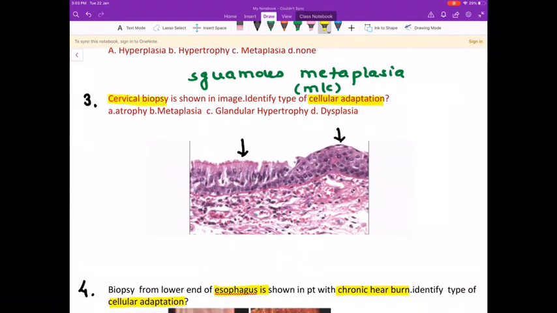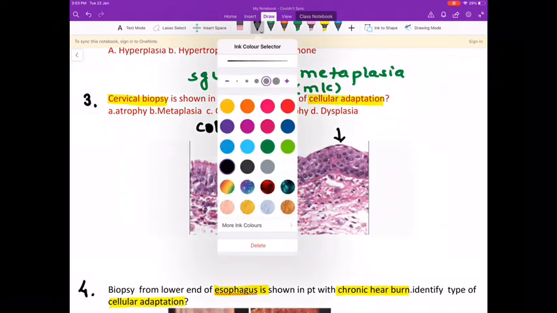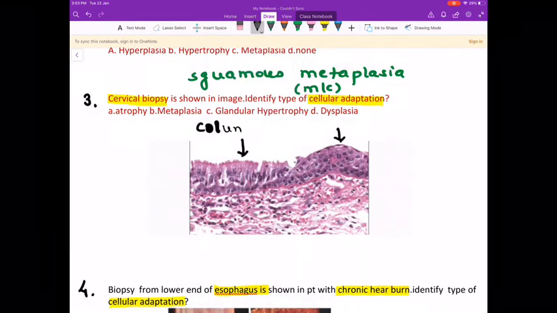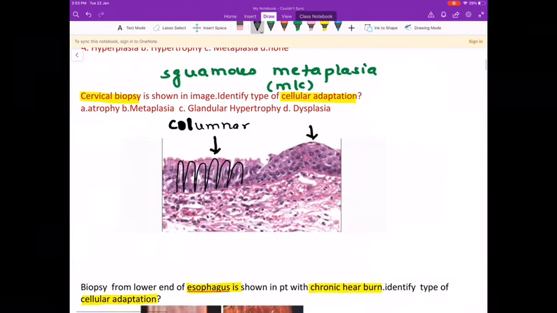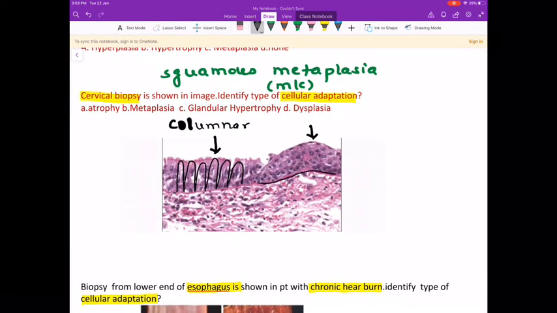Third question, a cervical biopsy is shown and they are asking about cellular adaptation. If you see in the right part of the image, you can see columnar cells. These are tall cells in which the nucleus is present towards the base. This is columnar. Second patch, yes, this one.